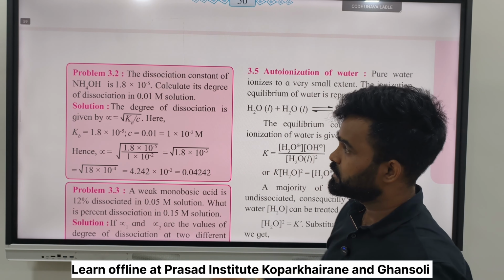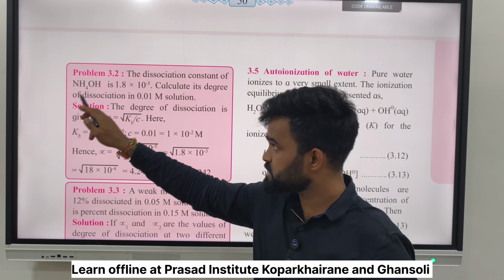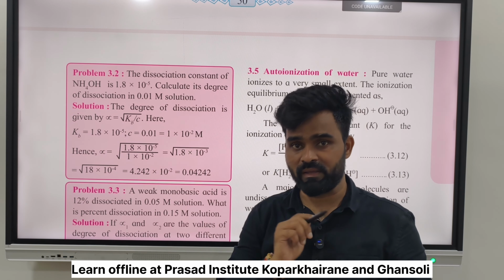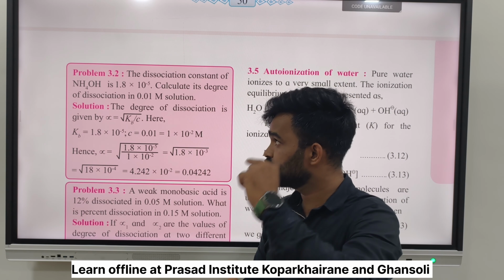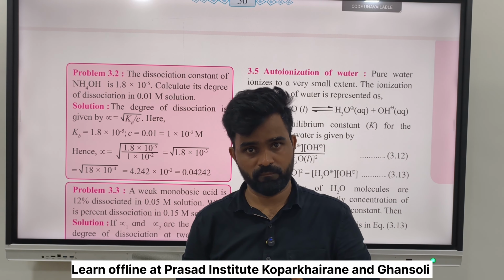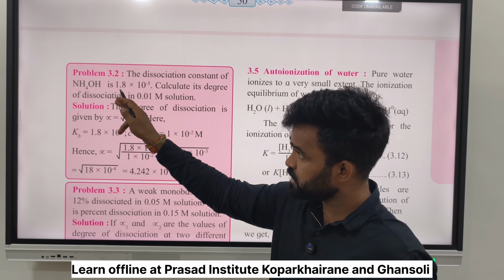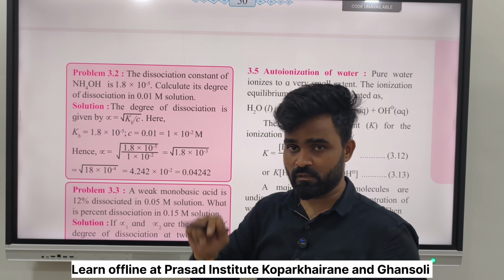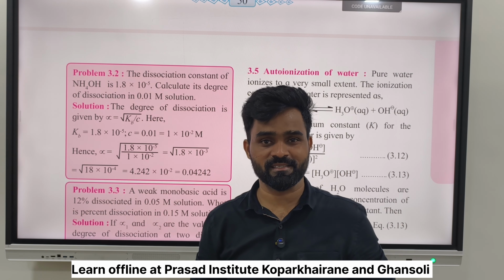See, the numerical says the dissociation constant of NH4OH is 1.8 into 10 to the power minus 5. Calculate its degree of dissociation in 0.01 molar solution. So the dissociation constant is given. Calculate degree of dissociation means, if you know the answer, pause and write the answer in the comments.